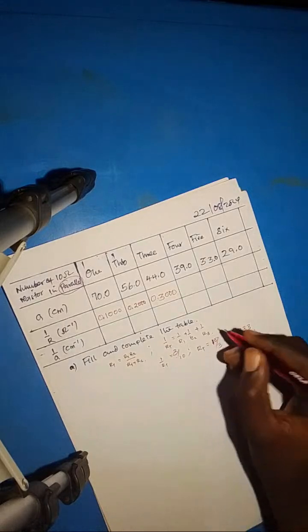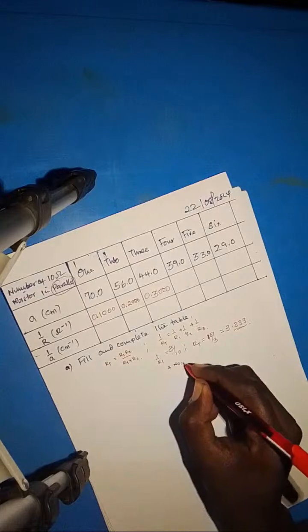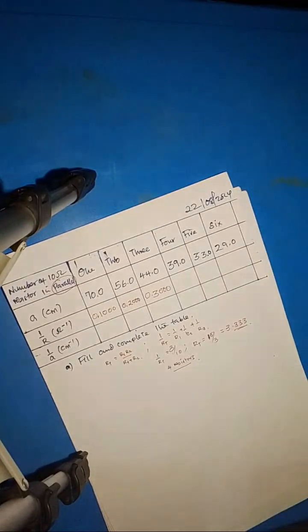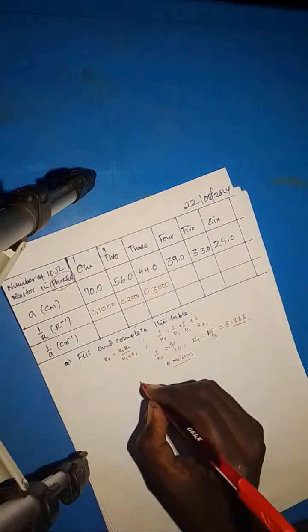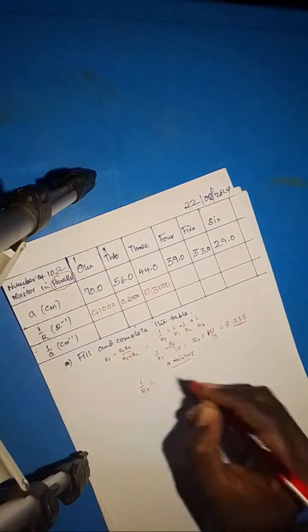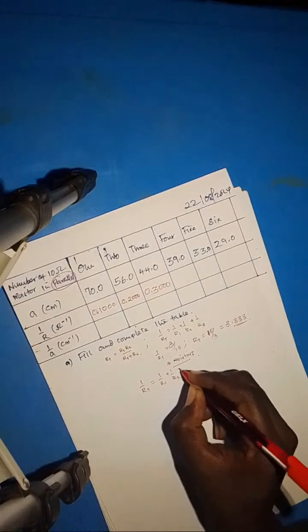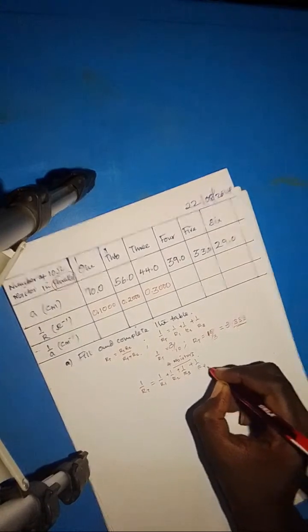When we are having 4 resistors, then I will say 1 over RT is equals to 1 over R1 plus 1 over R2 plus 1 over R3 plus 1 over R4.